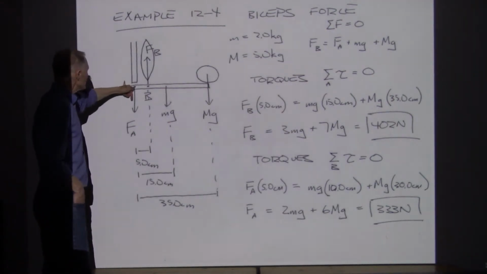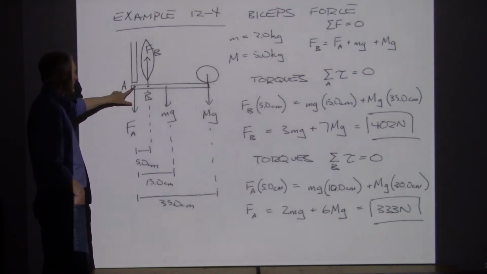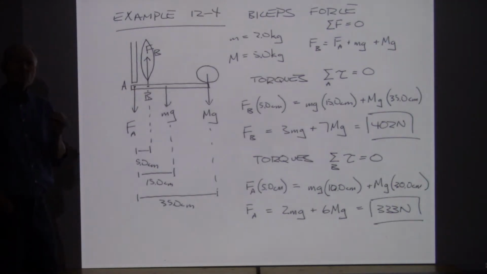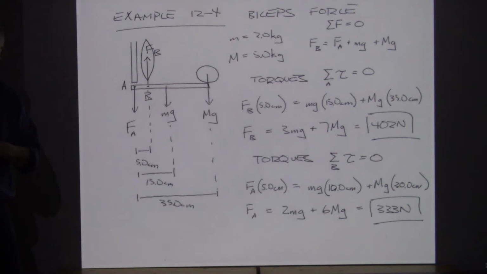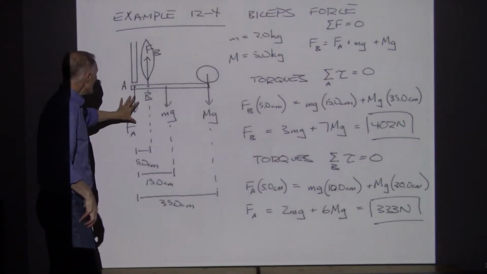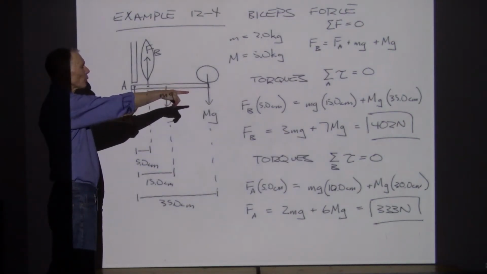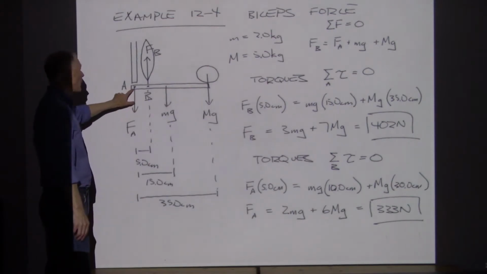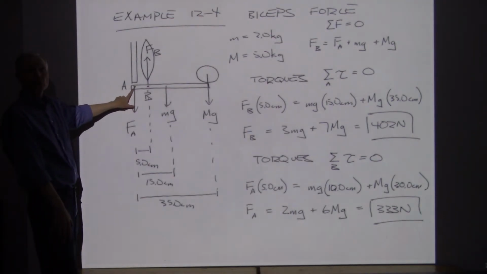Force A goes right through point A and has 0 lever distance, and that means force A is not providing a torque. So force A drops out of my torque equation.